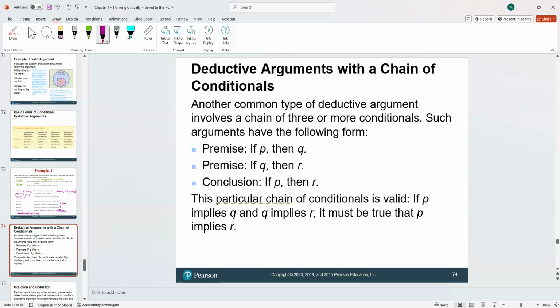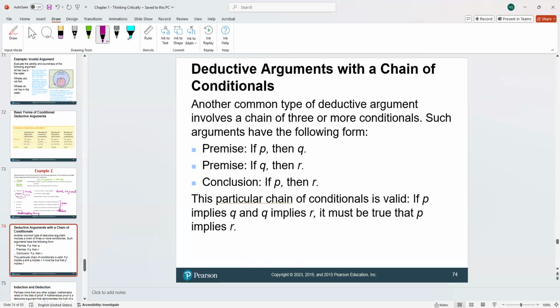We can go over some of these examples. Another common type of deductive argument involves a chain of three or more conditionals, such as arguments with the following form: premise: if P then Q, if Q then R, then if P then R. This one involves three of them.